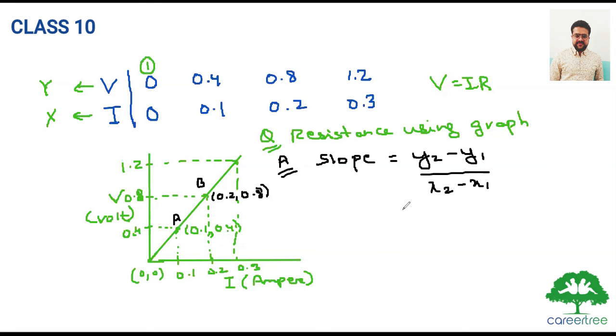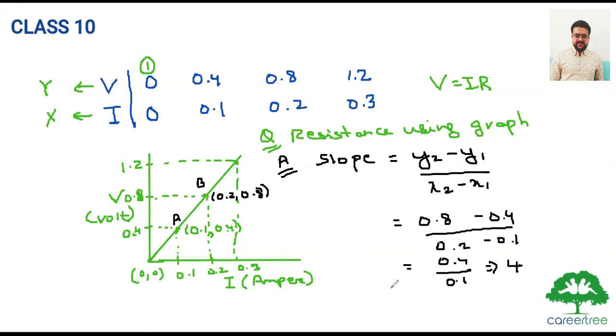So if I find the slope, y2 is 0.8 minus y1 is 0.4, divided by 0.2 minus 0.1. This gives 0.4 by 0.1, which is 4. Since the slope of the graph gives me resistance, the resistance here becomes 4 ohm.